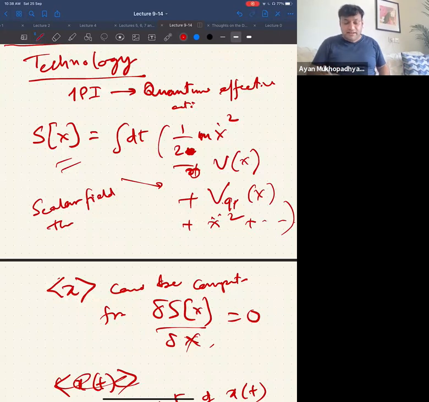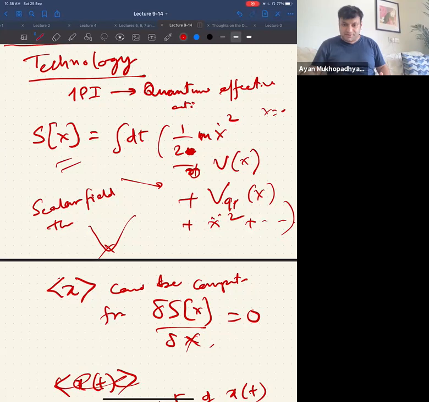Because if x is equal to 0, the actual system is not exactly at the minimum where V of x is minimized, but where the quantum effective potential is minimized. It's not at the minimum of the classical potential; it's the minimum of the quantum potential. So even if you want to solve lambda x to the power 4 is equal to 0, you will not be at the minimum of the actual classical potential.